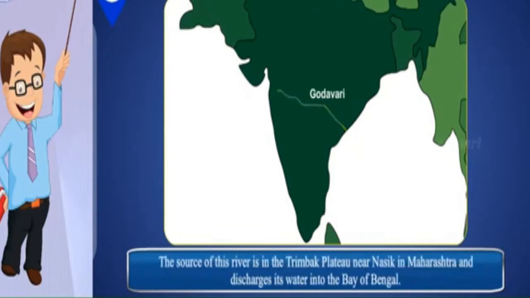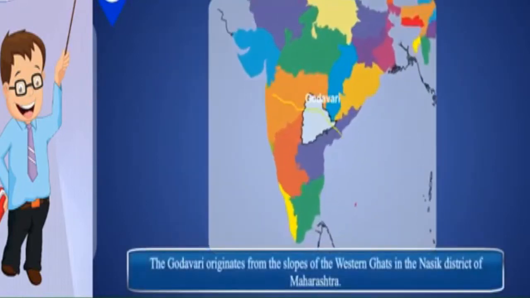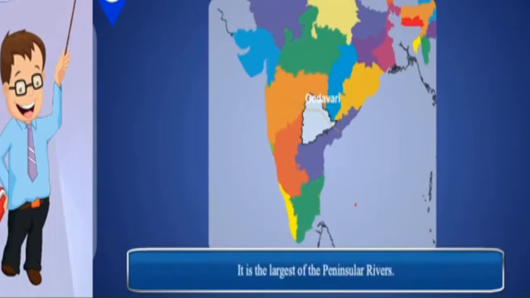The source of this river is in the Trimbak Plateau near Nasik in Maharashtra and it discharges its water into the Bay of Bengal. The Godavari originates from the slopes of the Western Ghats in the Nasik district of Maharashtra. It is the largest of the peninsular rivers.